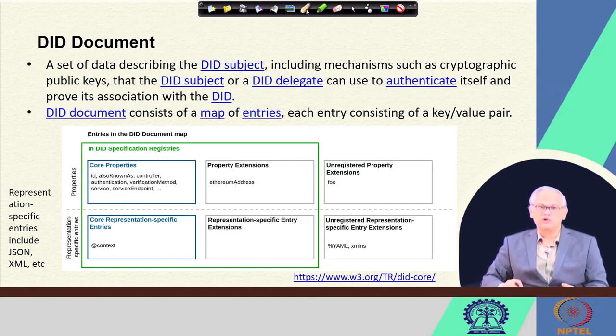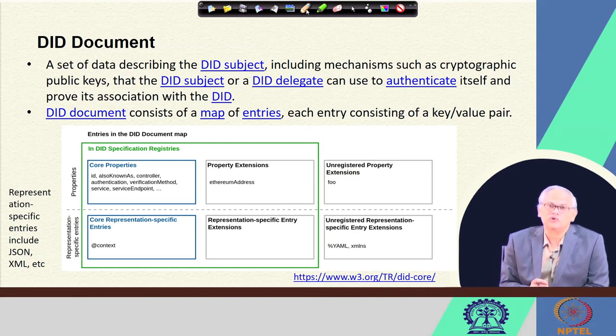But then it is also important that somewhere it is mentioned which are the public keys of the controller and the public key of the subject. Indeed, this DID document is going to have those public keys mentioned.